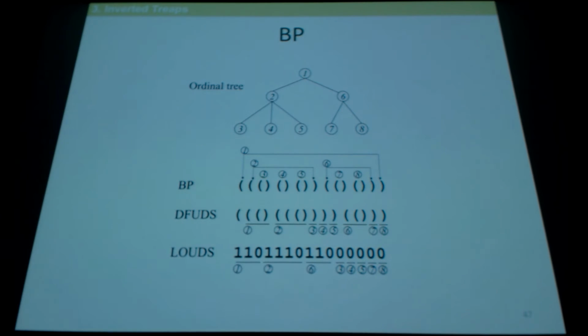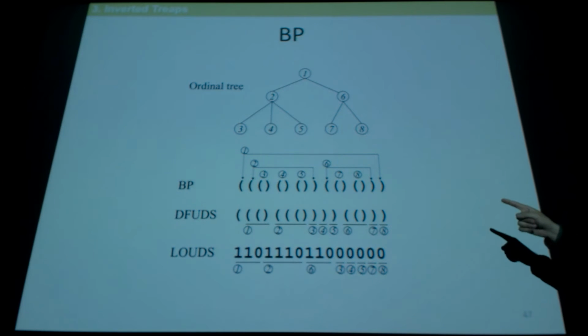So how is it? This is the balanced parentheses. Let's say that this is an ordinal tree. It's a multi-array tree, actually. These are 3 different ways to represent it. One of them, that's actually what I'm using here, is this BP, balanced parentheses. Basically, you do a pre-order traversal of the tree, and every time you see a node, you will start writing an open parenthesis. Every time you exit a node, you will write a closed parenthesis.